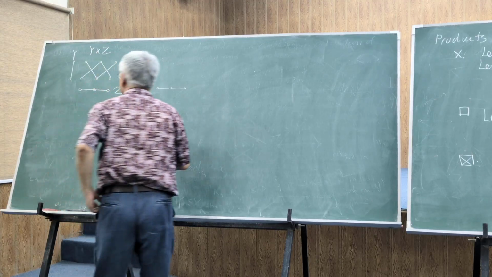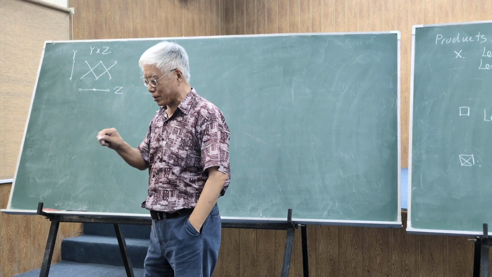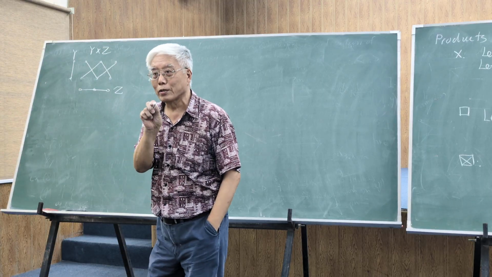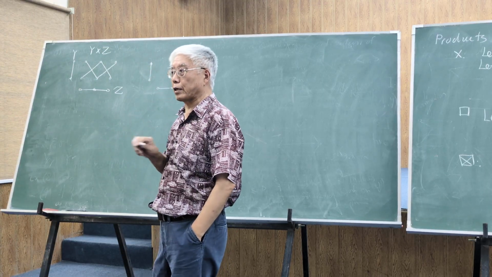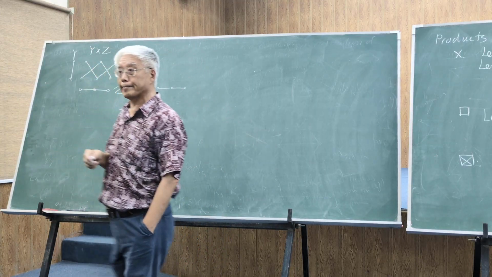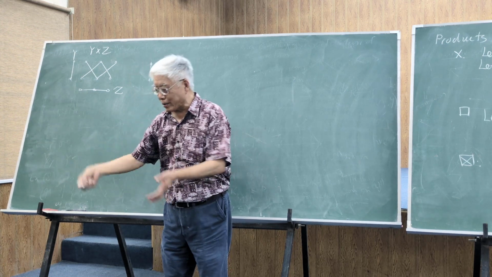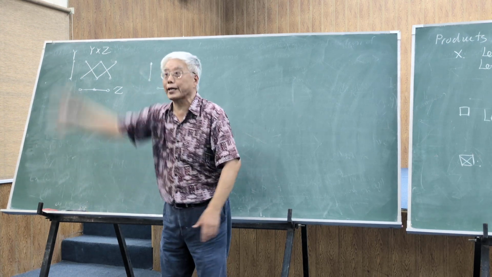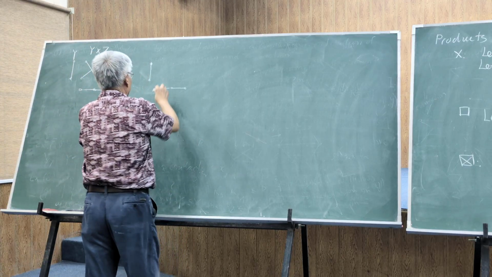It matters when you consider whether y cross z is isomorphic to z cross y. When you consider that question, it matters. Otherwise, we just call this horizontal, that one vertical, no problem. In the Euclidean plane, the first R is horizontal, the second R is vertical. That's what I'm trying to explain.